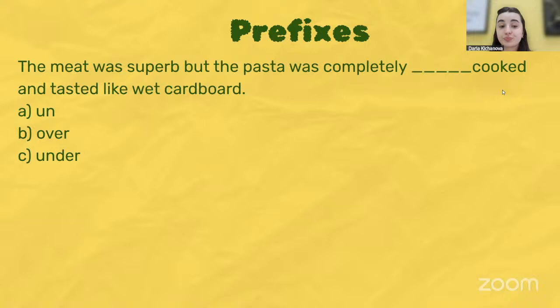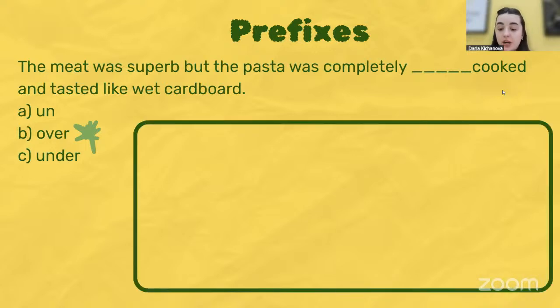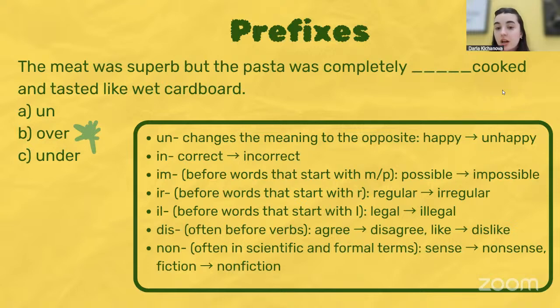So we can see that there we need to use "over", as it already tastes like something not very tasty, and it doesn't have this structure, such as texture, as pasta has. So it is overcooked.